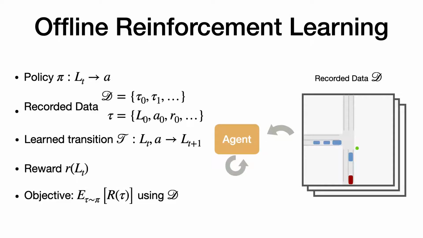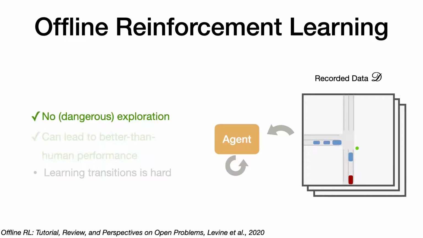We then again maximize the expected reward of our policy under the learned transition model. This approach has many of the appealing properties of imitation learning and reinforcement learning. We start with a static dataset, thus avoid dangerous exploration, and we're able to learn better than human policies.